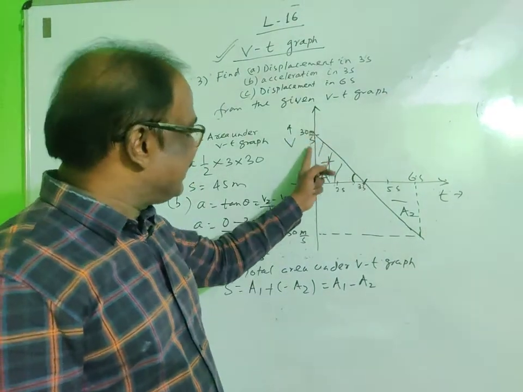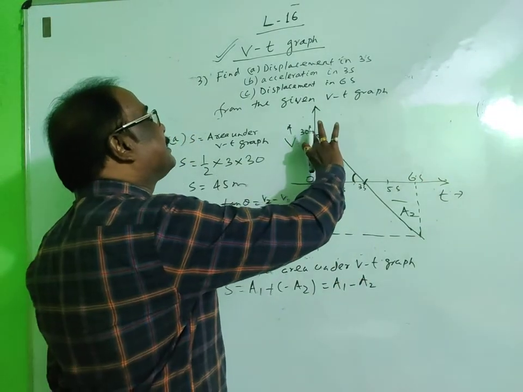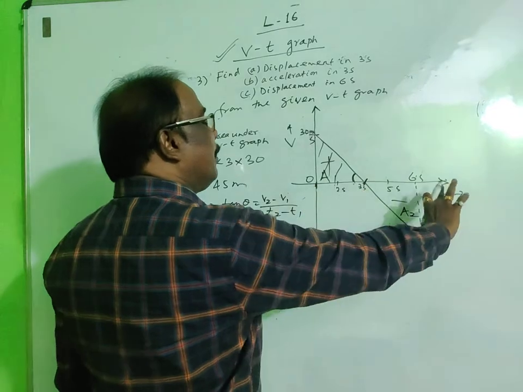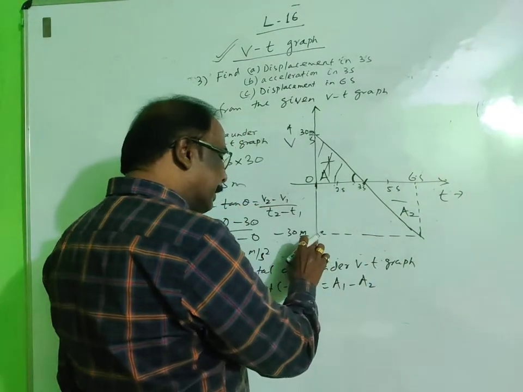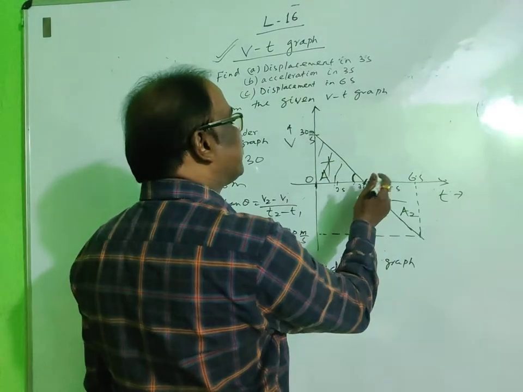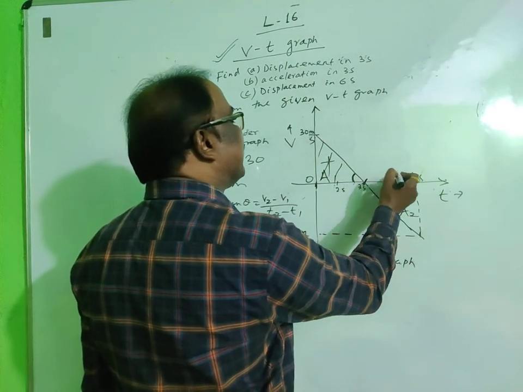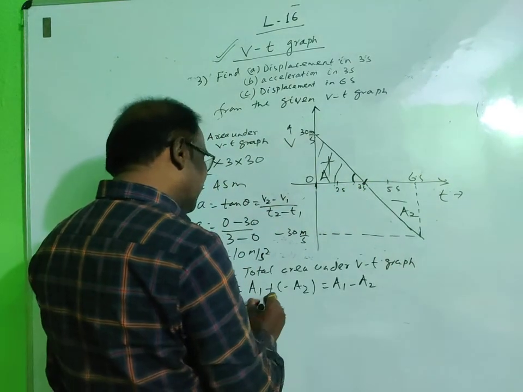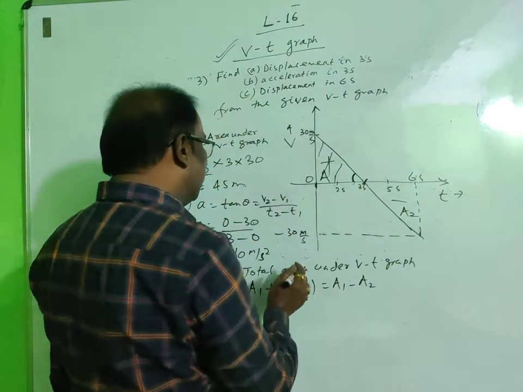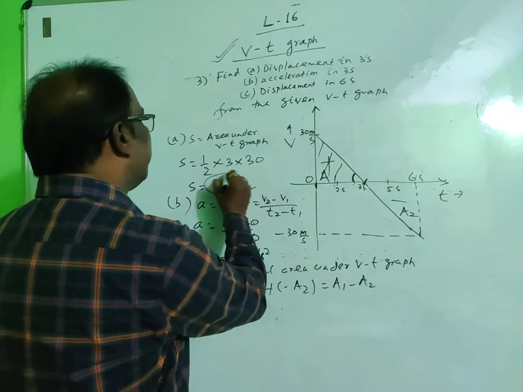Okay. So this area, see, here height is 30 meter per second and base is 3. Here also height is 30 meter per second in negative. Velocity is negative. And again base is from 3 second to 6 second is again 3 second. So magnitude of this area is equal to magnitude of this area. So area we have calculated 45 meter.